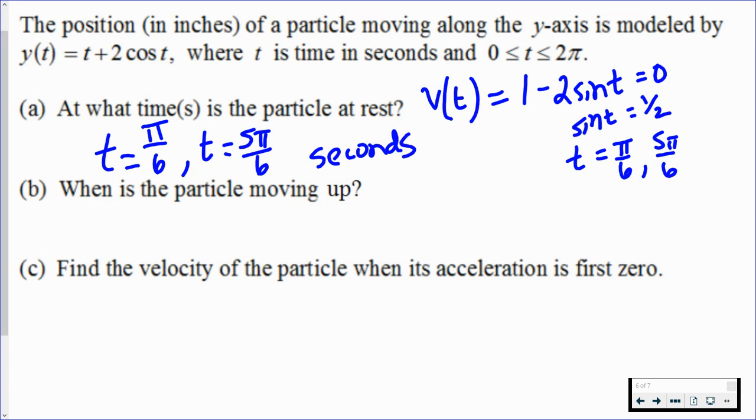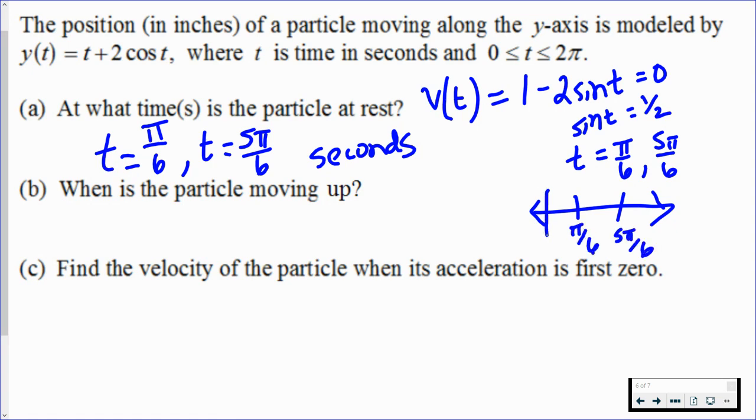Okay, so part B, when is the particle moving up? Okay, this is like asking when is the function increasing, because if it's moving up, then the derivative is going to be positive. Remember, velocity implies direction. So let's set up our number line, pi over 6 and 5 pi over 6.